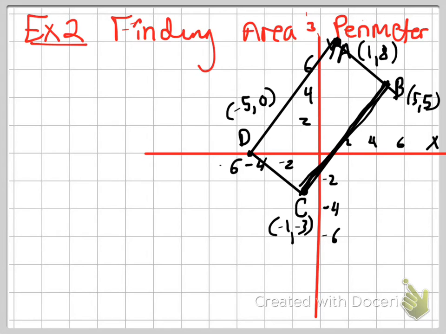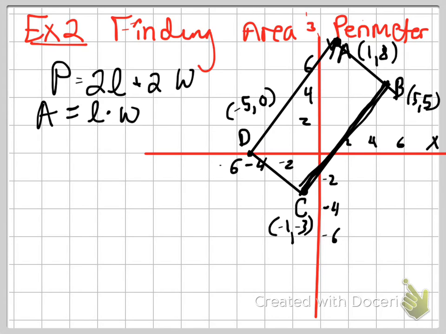So we're going to need to use the distance formula to find our length and our width, because remember perimeter equals 2 times the length plus 2 times the width. Area equals length times width. So I need to find the length and the width of my graph here. I'm going to plug them both into the distance formula and find both sides.